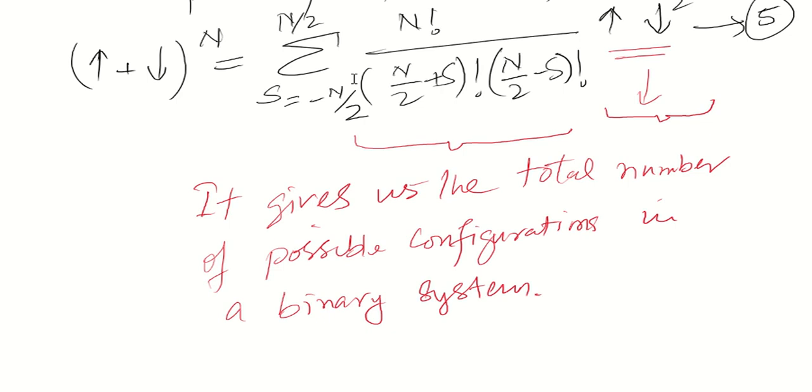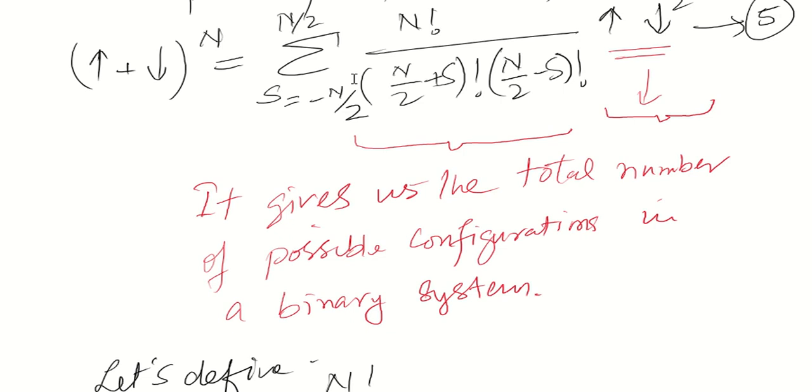And we call this another function. Let's define it: n factorial over (n half plus s) factorial times (n half minus s) factorial.